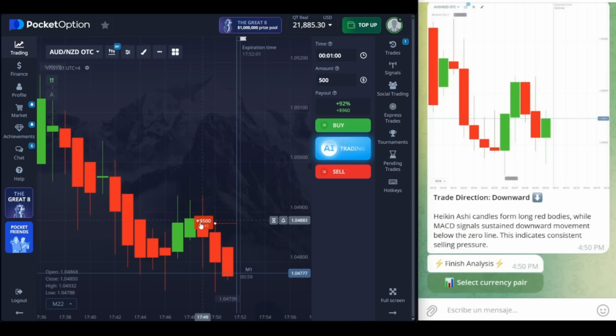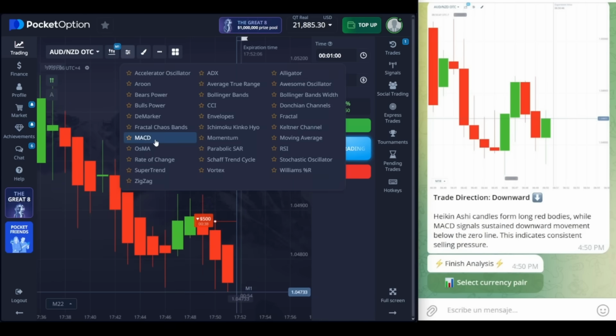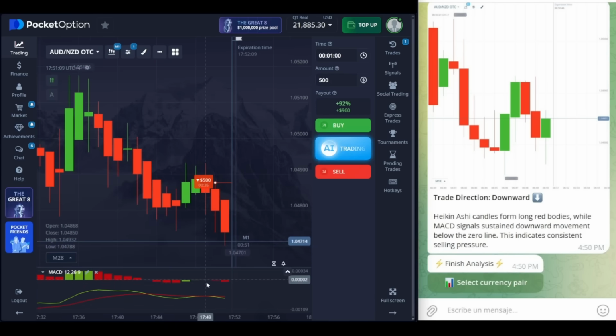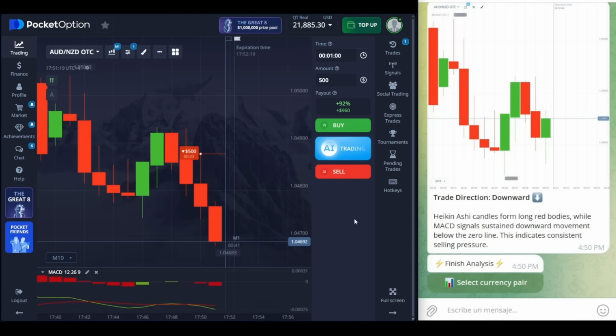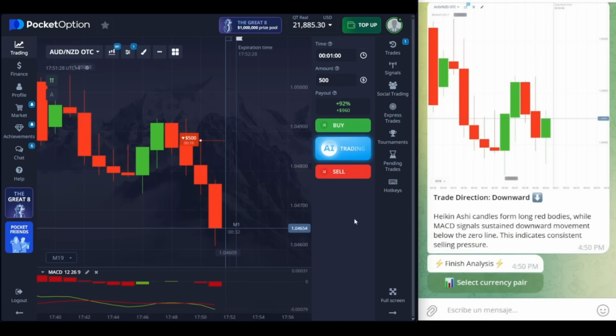Heikin Ashi red candles. MACD is also below zero. Perfect match. Analysis took 20 seconds. And signal is ready.